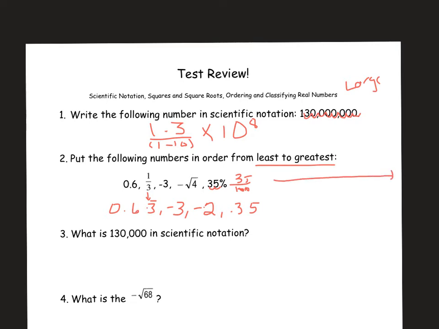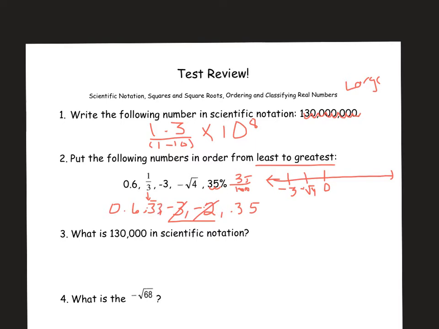Again, I like to use a number line to help me when ordering. So when I look at the following negative values, I know that -3 is the least amount. -2, or the negative square root of 4, would be next in line. And then I have 0.3 repeating and 0.6.